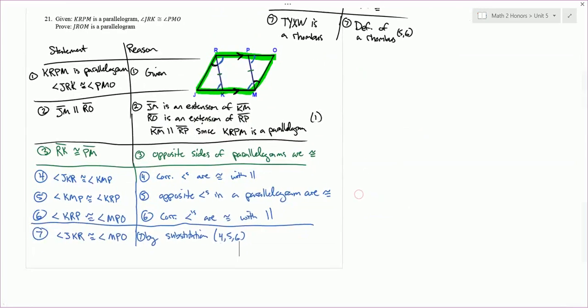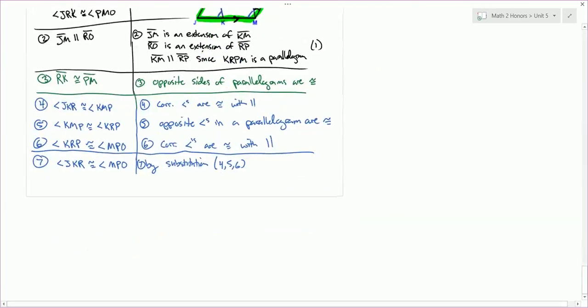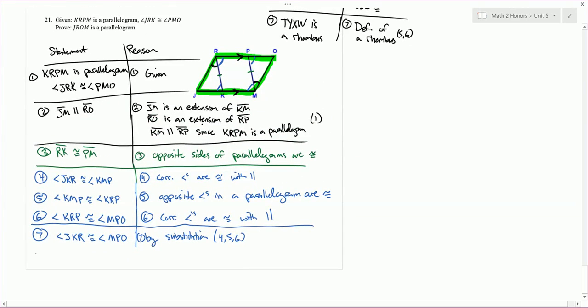So all this now to finally get to our triangles are congruent. Haven't proven the parallelogram yet, but we're hoping this part will help us. So triangle JRK is congruent to OPM, and we're using angle-side-angle congruence.